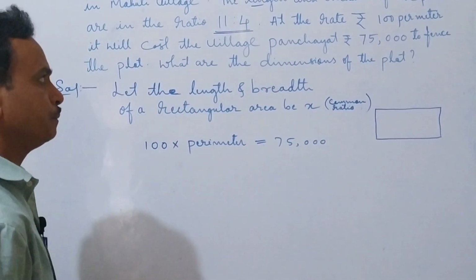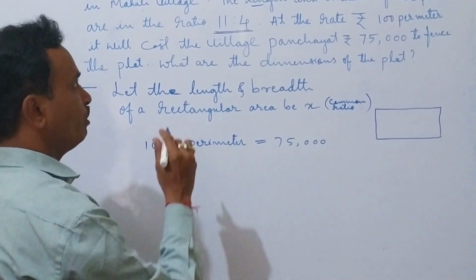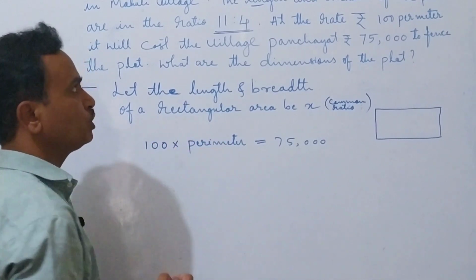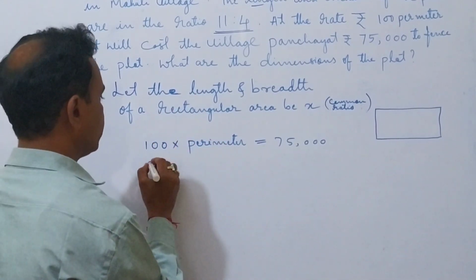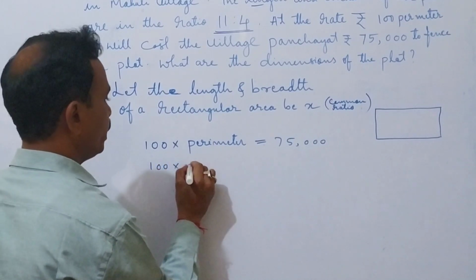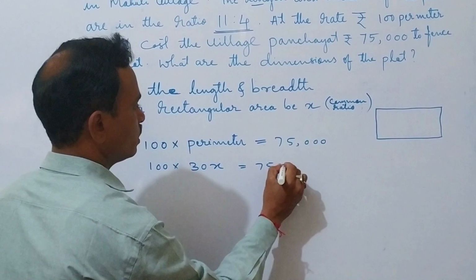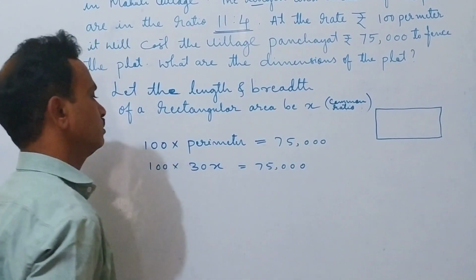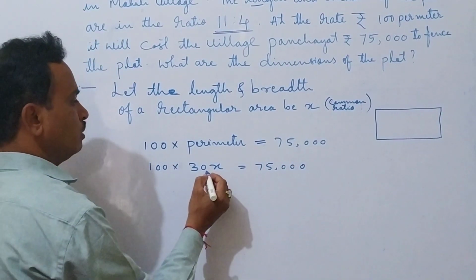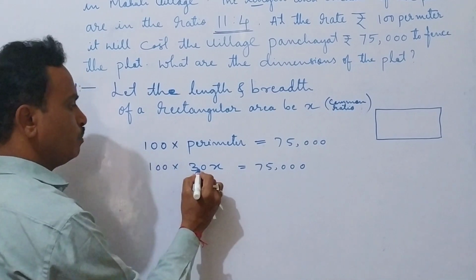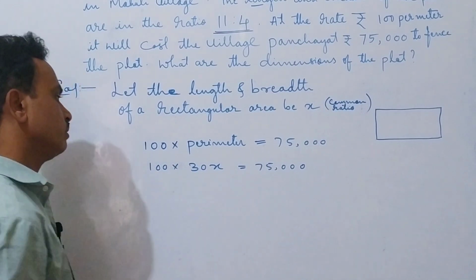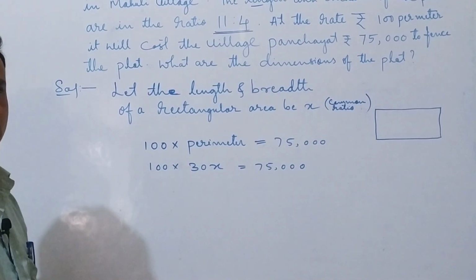Perimeter we got 30x. 100 into 30x is equal to 75,000. Multiply 30 into 100, it becomes 3000.